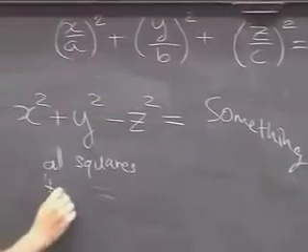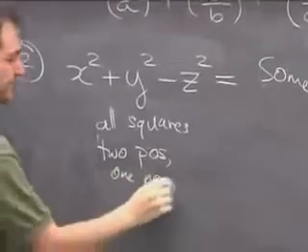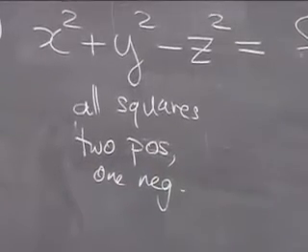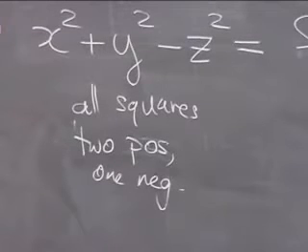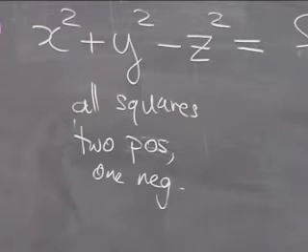But 2 are positive, 1 negative. That's actually the only other possibility if they're all squares. Why? What if 1 is positive and 2 are negative? Well, then you multiply the equation by minus 1, and then 2 become positive, and the other one's negative. So you can always change it.